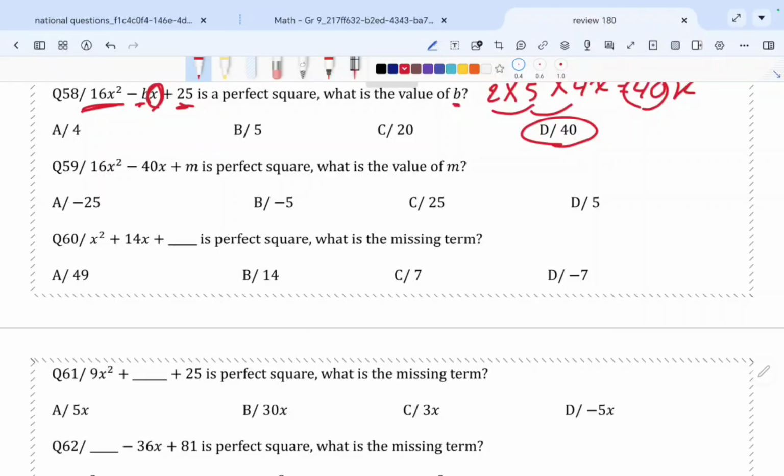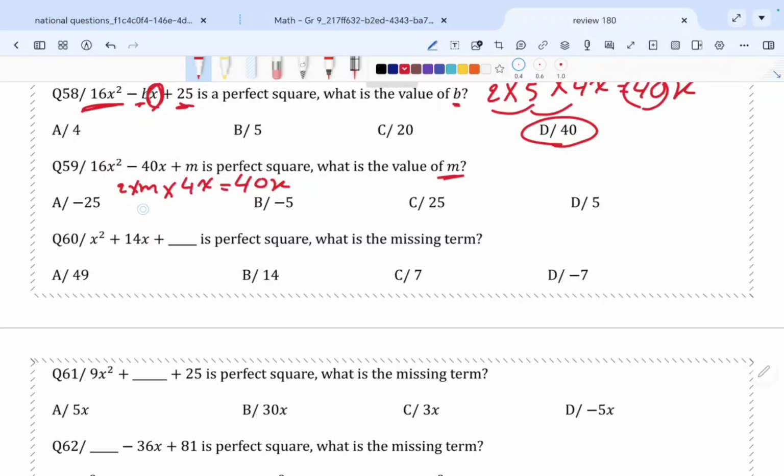Question 59, again, the last term is missing. The third one is a perfect square. What's the value of m? Okay, how can we find it? We will say 2 times m times, what's the square root of 16x power 2? It's 4x. Must be equal to what? 40. Let's see. 2 times m, it's 2m.